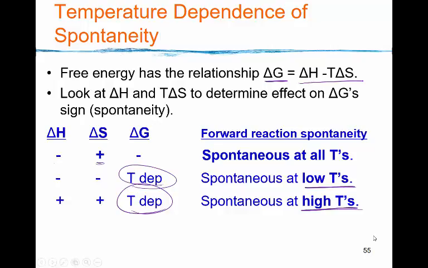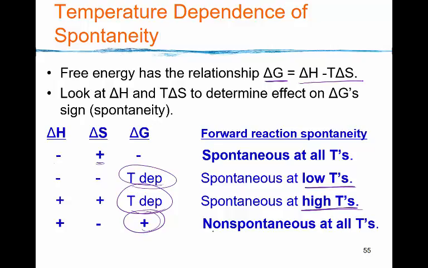I know you're good at patterns by now, so you know this next one. If it's a positive delta H and a negative delta S, the delta G will be positive, and it will be non-spontaneous at all temperatures.